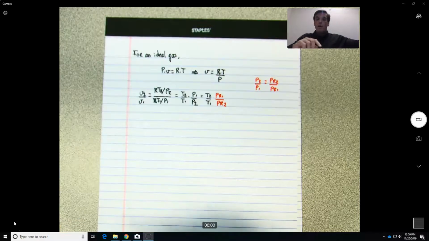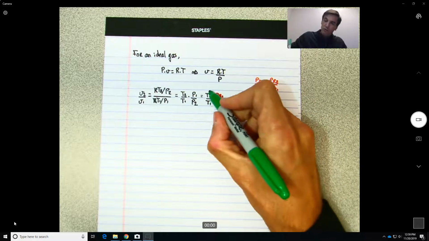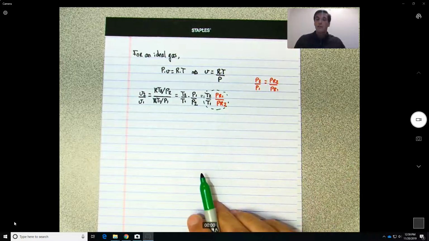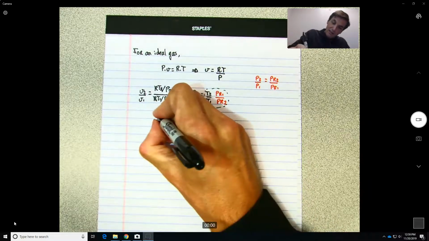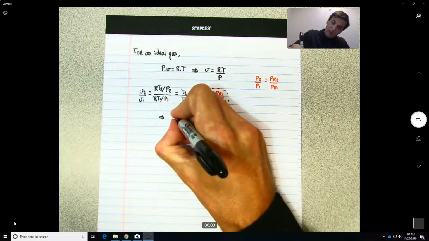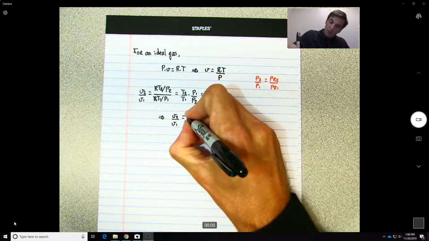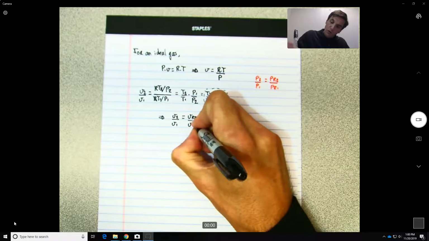And again, if you look at all this term over here, it only depends on temperature. Basically, you can just rewrite it as V2 over V1 equal to VR2 over VR1.